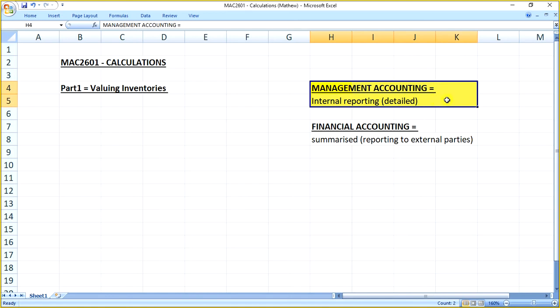You do just need to consider that management accounting is looking at the internal operations. As you said, it's more detailed, more specific, and it's looking more at decision making from a day-to-day running of the business point of view. That's definitely something you need to understand in terms of how this course differs from financial accounting.